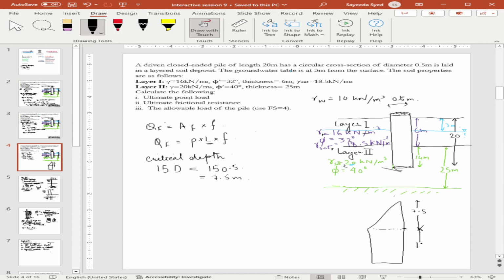So let's calculate. Let's draw the strata. We know at 6 meters. I don't know why I'm so bad at it.